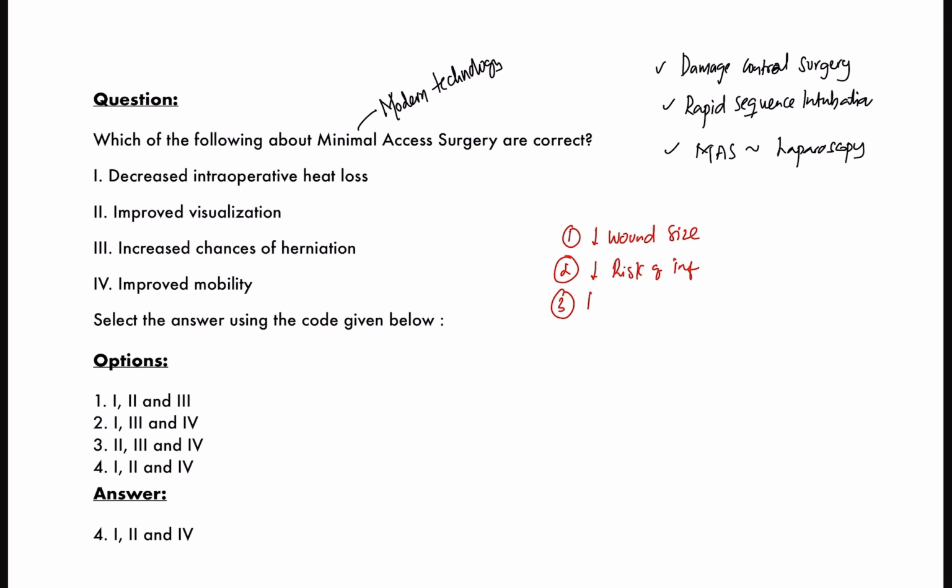It also reduces risk of dehiscence of the wound. There is one more question on wound dehiscence in this UPSC CMS itself. So minimal access surgery decreases the risk of wound dehiscence, and also it decreases risk of bleeding. It also decreases risk of herniation. Look, all these are the disadvantages of invasive open surgery, but minimal access surgery will decrease all these things.